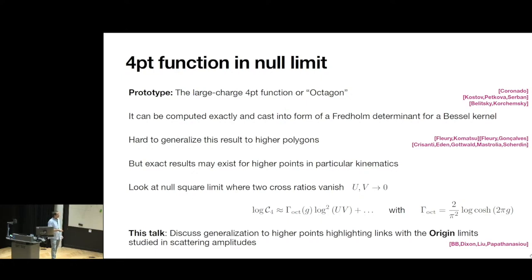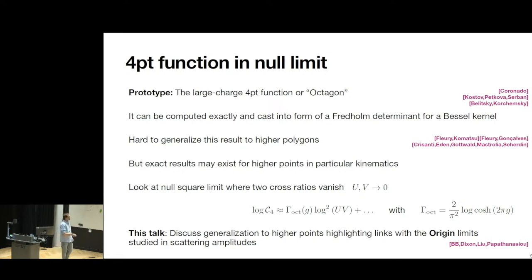And here again, there is some indication we can get from the octagon and from the paper by Frank, which is about this null square limit, where the two cross ratios of the 4-point function are going to 0 simultaneously. So this is a limit, again, where the polygon literally becomes a null square. Okay.